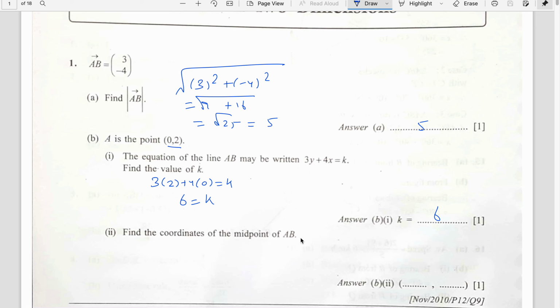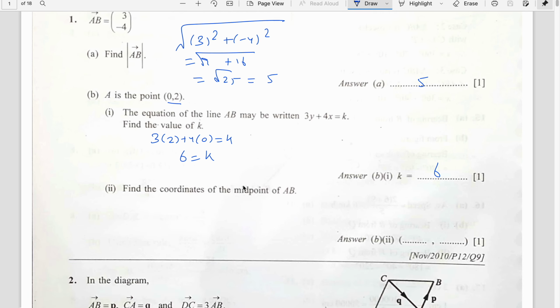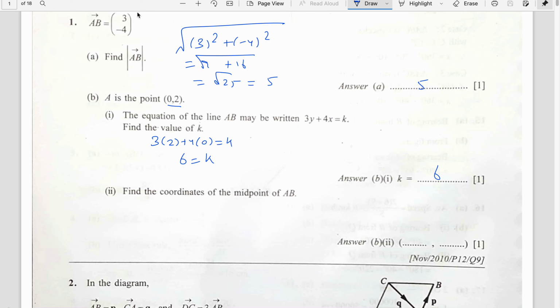Find the coordinates of the midpoint of AB. So we already know that AB is (3, -4), and we know that A is this. From A to B, for this midpoint we can do OA plus half of AB, which would give you the coordinates of the midpoint.